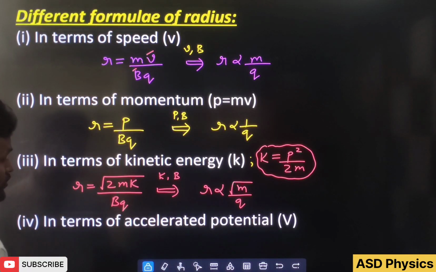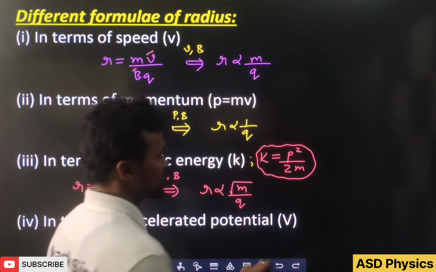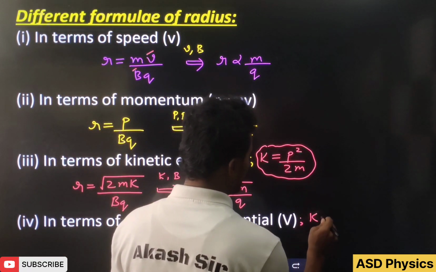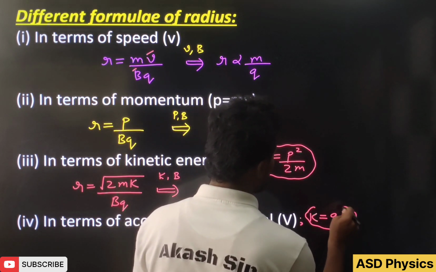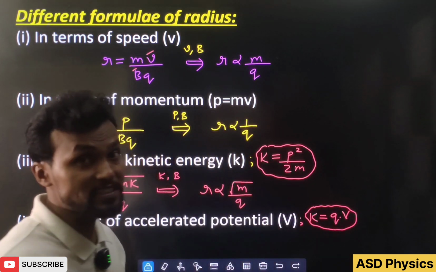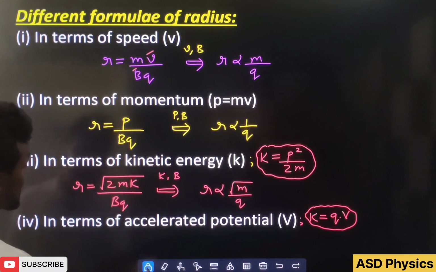Next one, students, in terms of potential. You know very well kinetic energy we can write as QV also. K is the kinetic energy, Q is the charge, V is the accelerating potential.